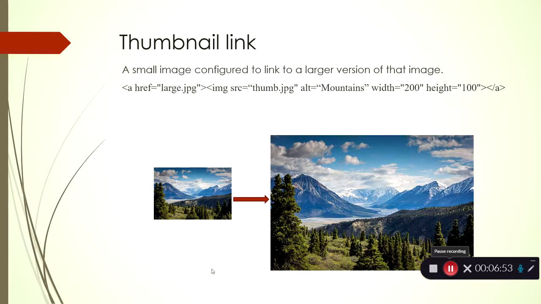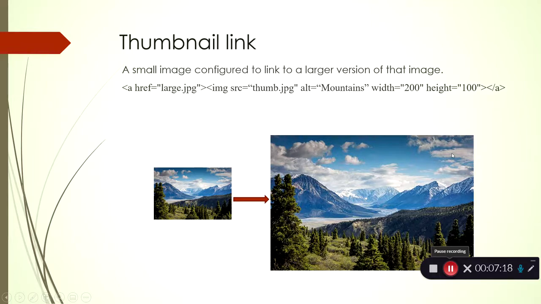Just like you did the navigation link, you can do the same thing with thumbnail image linking. You set the big picture using the image tag, and then use the a tag to get the big picture, and the image tag to get the small thumbnail image. When you click this thumbnail image, it will open up the large image.